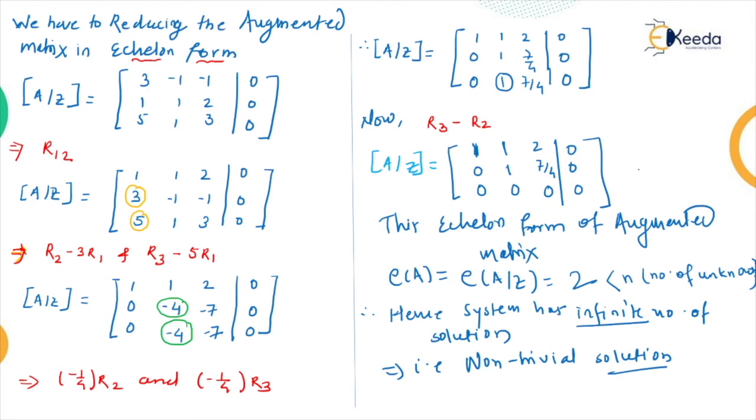For consideration, we call this equation number 1, the echelon form. By using the echelon form, we take the system of equations. First, how many parameters will we take? The number of parameters is equal to n minus r.